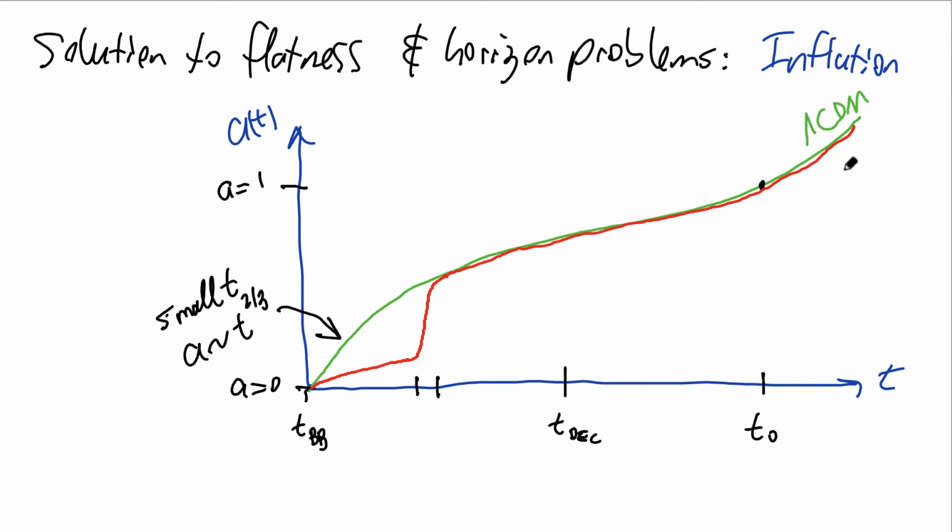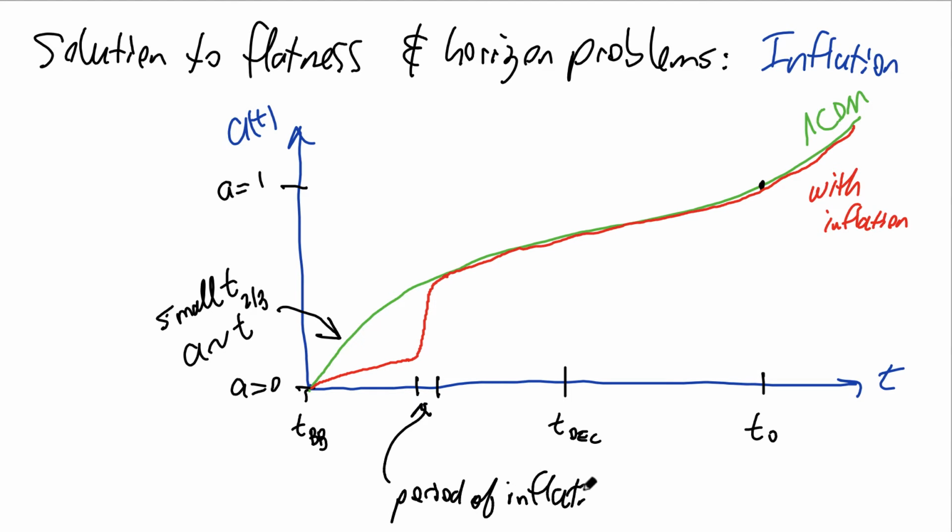So this would be the lambda CDM model with inflation. So this is the brief period of inflation, which was thought to take place around 10 to the minus 35 seconds after the Big Bang. And during this time, the scale factor increases by 30 orders of magnitude or more.